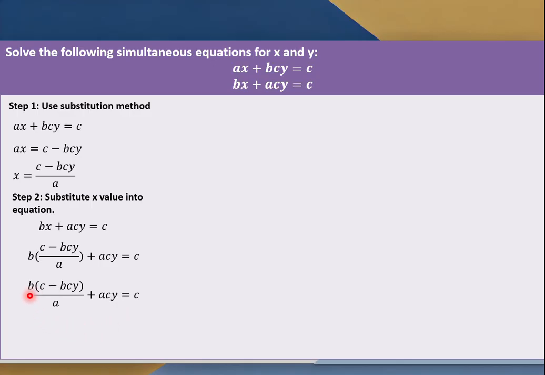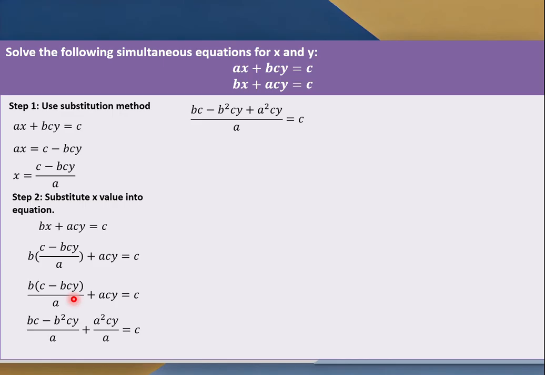One, I'm going to expand my brackets. So B times C is BC, and B times negative BCY is negative B squared CY. The other part I'm going to do is I'm going to make this over 1 and times my denominator and numerator by A to make it a fraction. Now it's a fraction, it makes it easier because I can group them into one fraction.